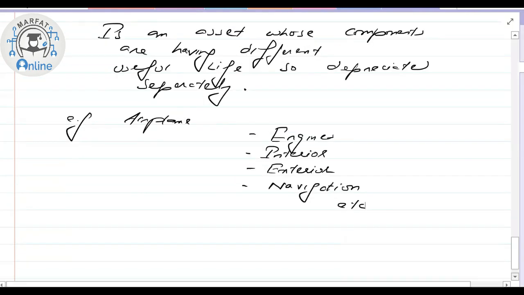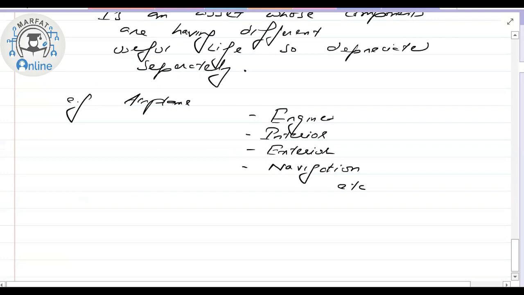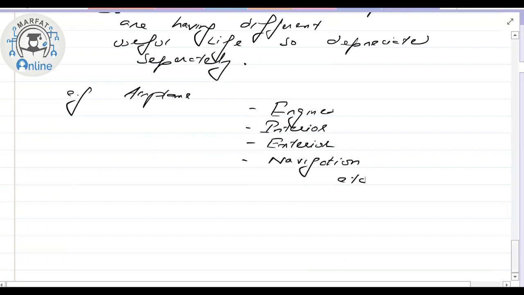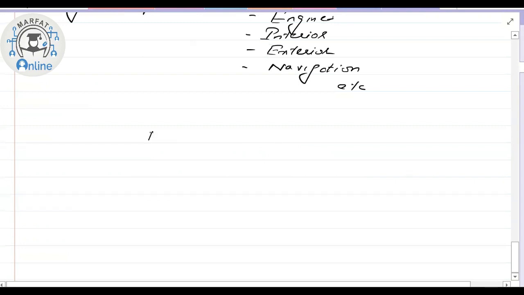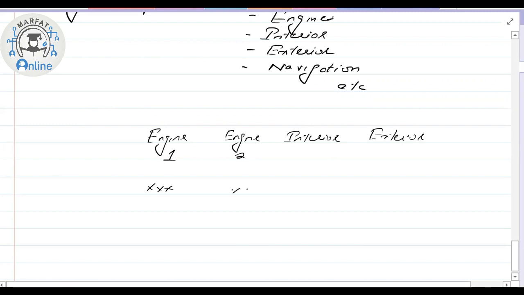So what they're going to do is they will depreciate the things separately and then they take the whole depreciation. How? For example, you can just make the schedule for yourself. You just write engine 1, engine 2, and then interior and then exterior, etc. Then you depreciate these separately, and this is going to be the total.